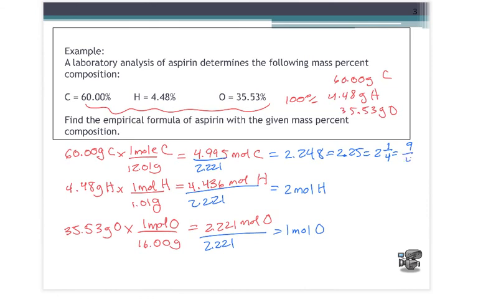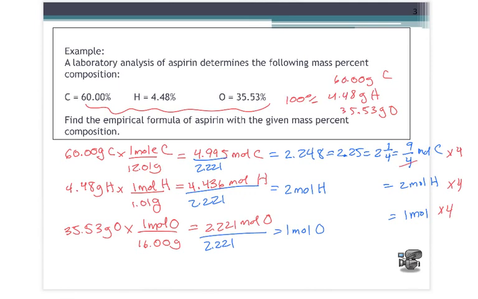So this is like saying 9/4 moles of carbon. And then here we have the 2, and here we have the 1. Okay, now to get rid of this fraction, the easiest way is to just multiply all these numbers by 4.